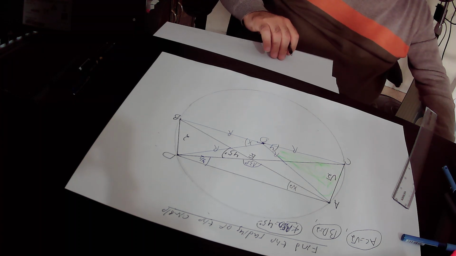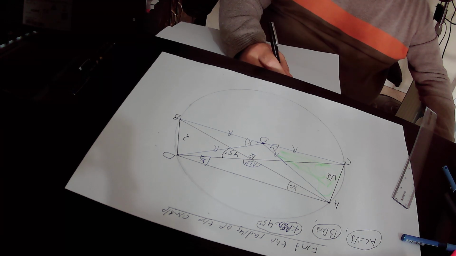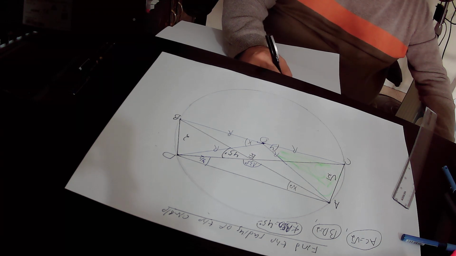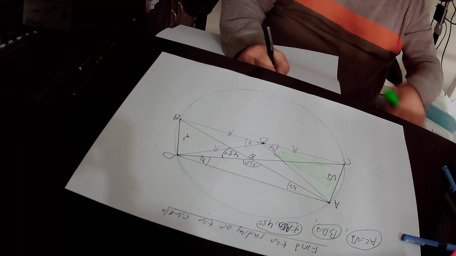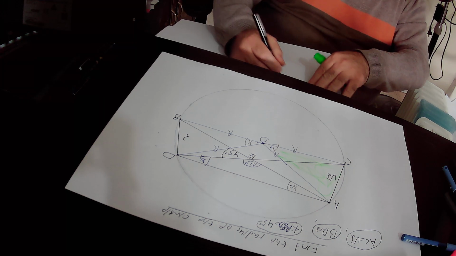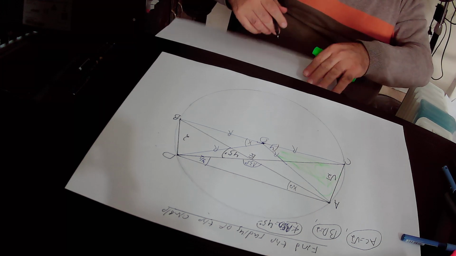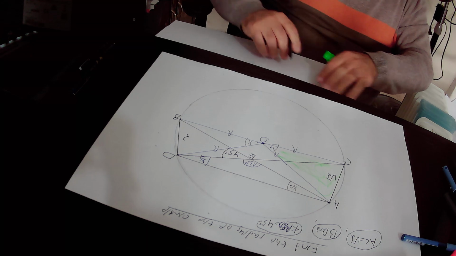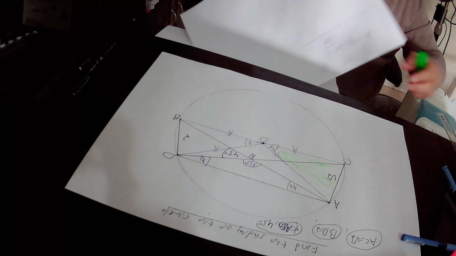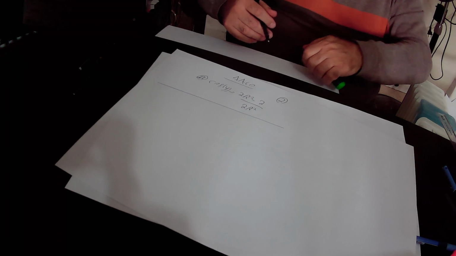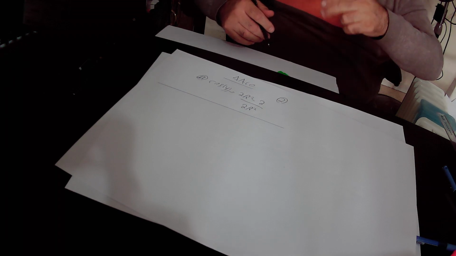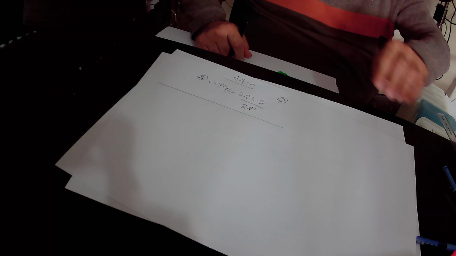Okay, so in the green triangle ACO, according to the law of cosines, we get that cosine y equals 2r square minus 2 over 2r square.